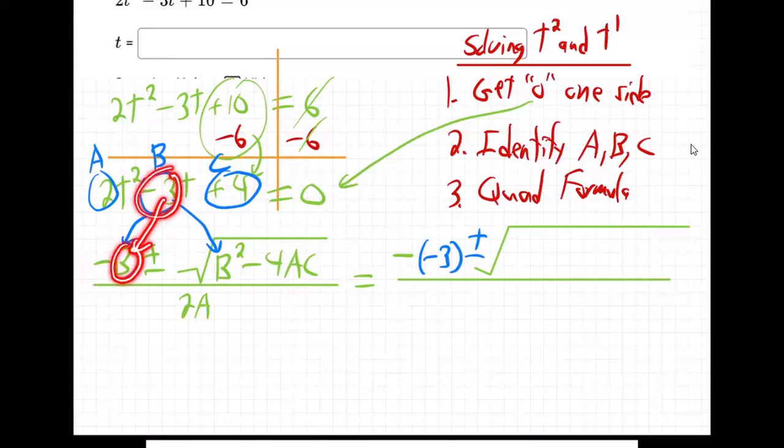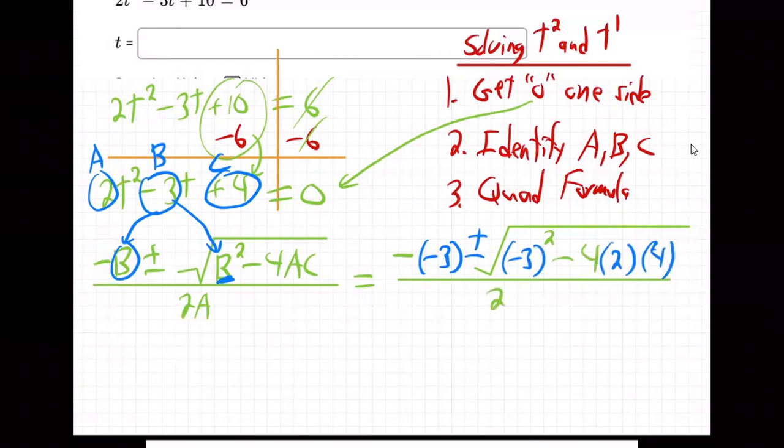There was a negative coming with B, and there was a negative there as part of the formula built in. And so we got double negatives. That's going to become +3 in a minute, as you know. In here, same thing, plugging in a parenthesis -3 squared minus 4, and then A and C. A is 2, C is 4, all over 2A, and A is 2, like that.